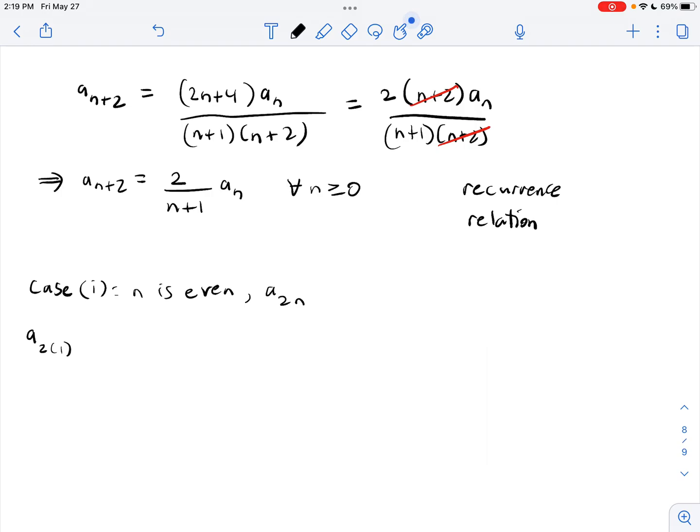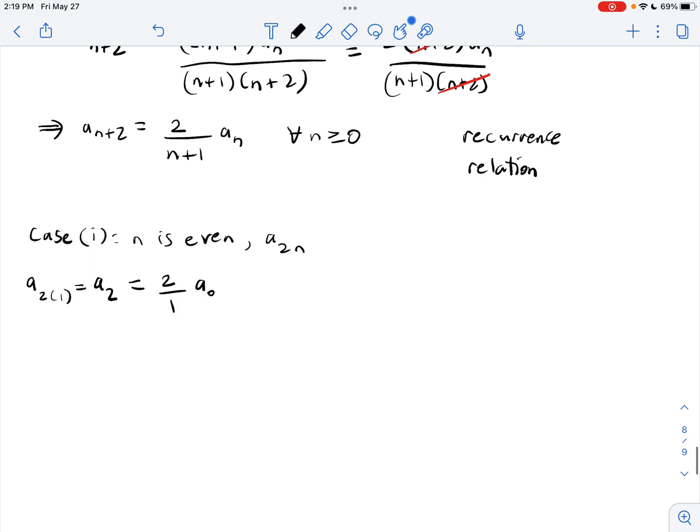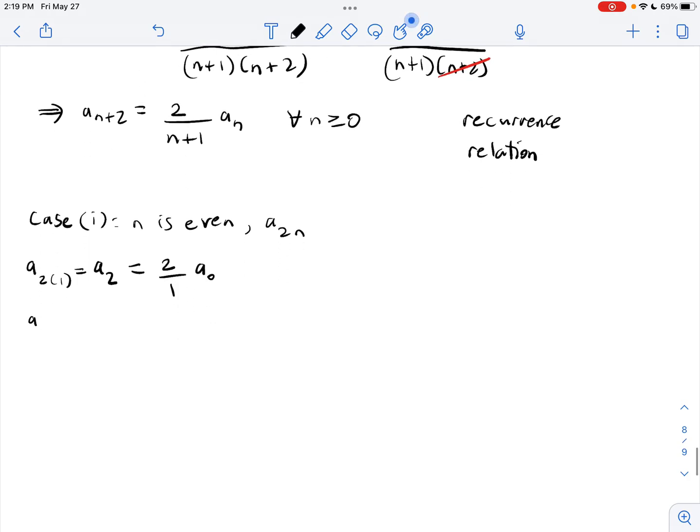So again, let's do what we did last time. We have a sub 2 times 1, which is a2. So if you plug 2 into our recurrence relation formula, that means n is 0. You end up with 2 over 1 times a naught. Let's keep going till we see a pattern.